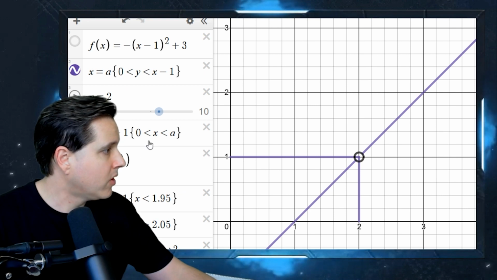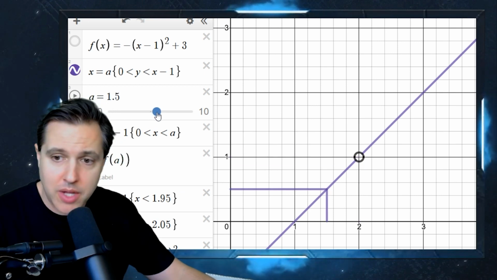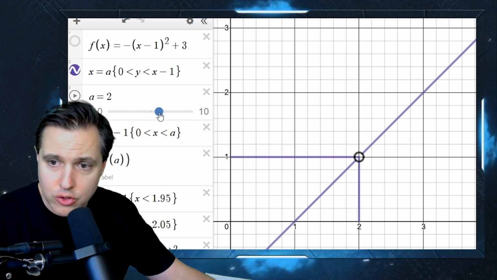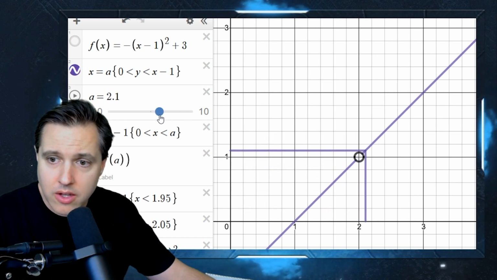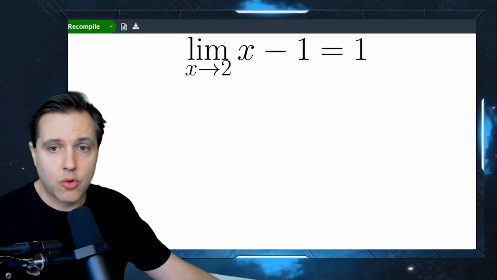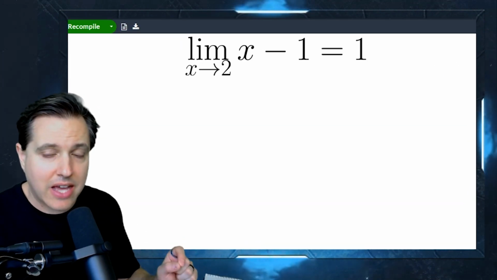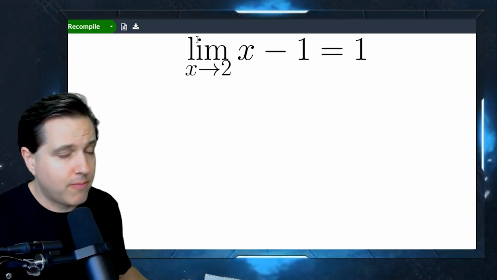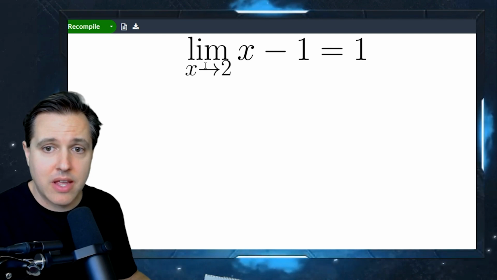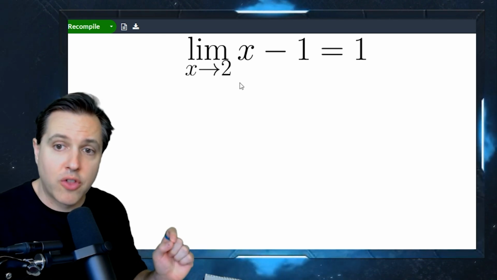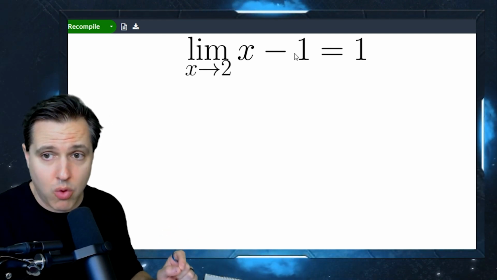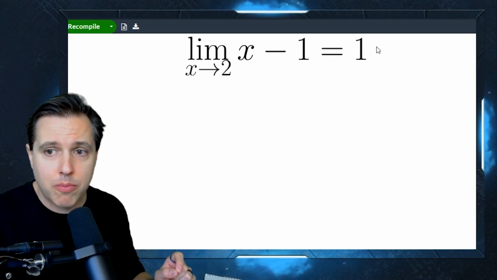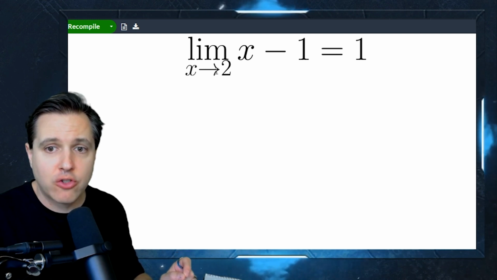If we go from the other side, as my x approaches 2 from this side, my y values are also approaching 1. So in that case, we would say that the limit as x goes to 2 of the function y equals x minus 1 is equal to 1, because that's the y value being approached as our x values go to 2.